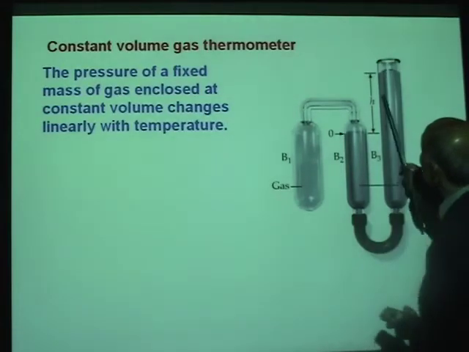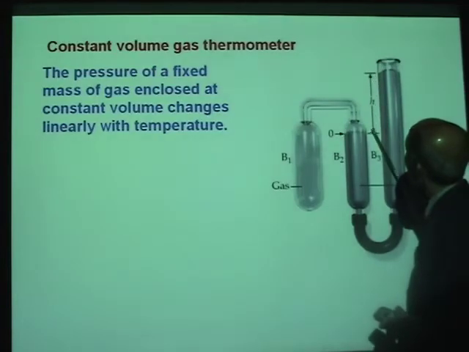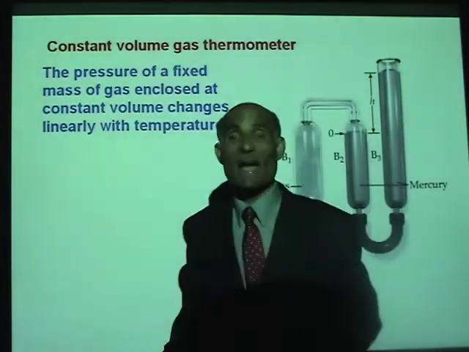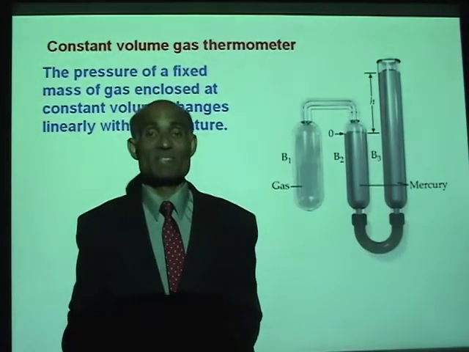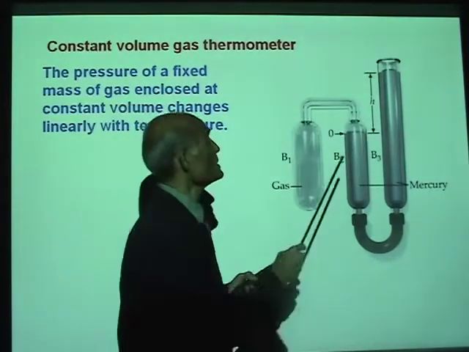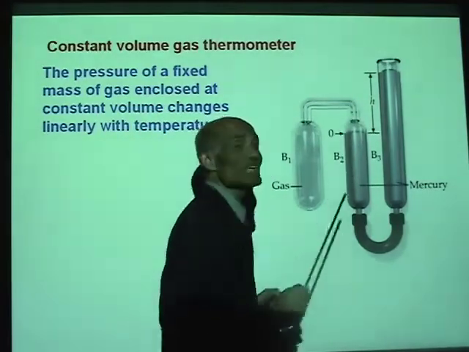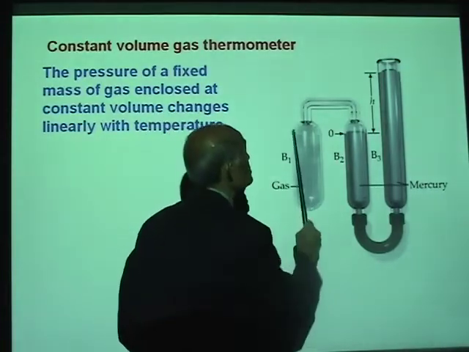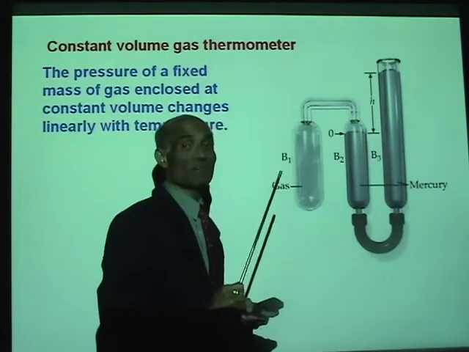So all you need to do is measure the difference between the levels and add it to the atmospheric pressure. What is the normal atmospheric pressure? 76 centimeters of mercury. And measure H in centimeters and add it to that. It will give you the pressure of the gas inside.